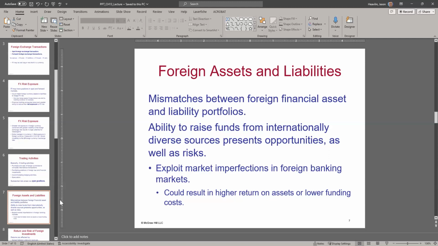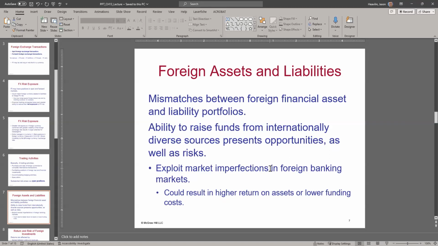Now, the ability to raise funds from internationally diverse sources presents opportunities as well as risks. So now if you have access to, I don't want to use the word arbitrage, but when they say here, exploit market imperfections, if you have access to multiple sources, they're not always going to be perfectly aligned.